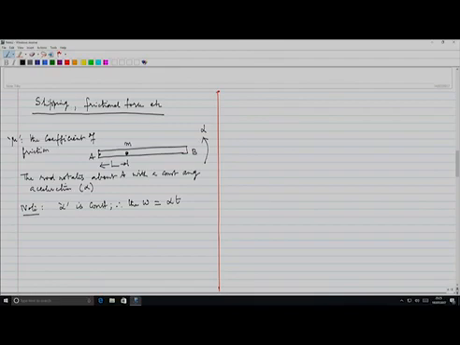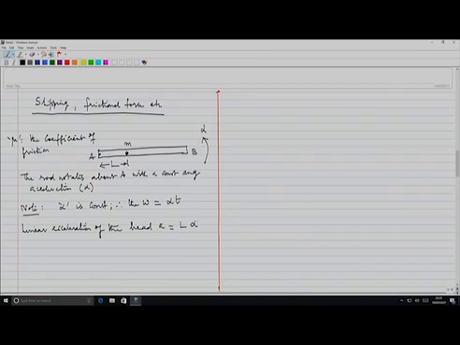Right. So the linear acceleration of the bead first. This is A. How is linear acceleration defined? Linear acceleration is the length times alpha. This is the definition.